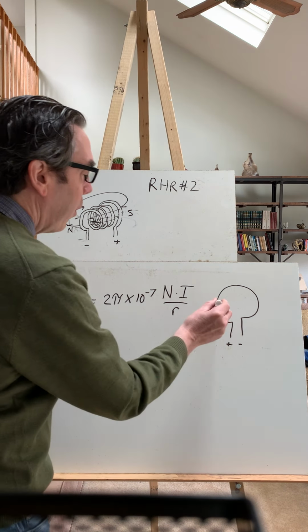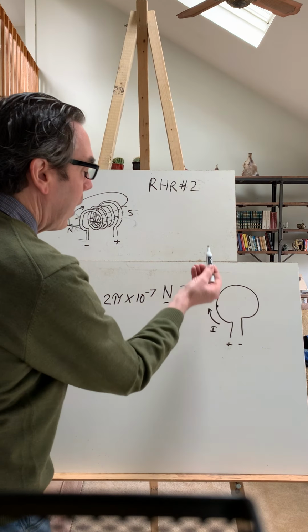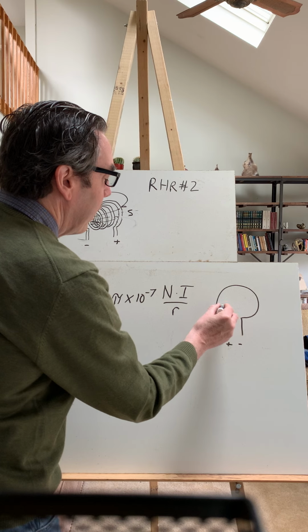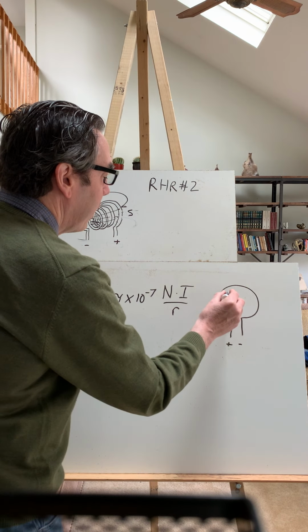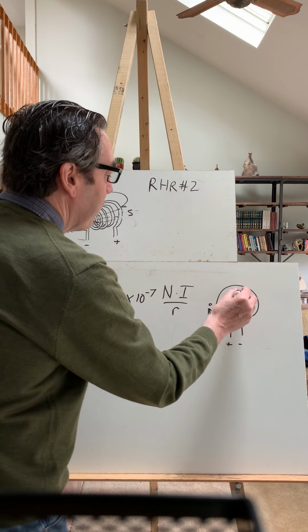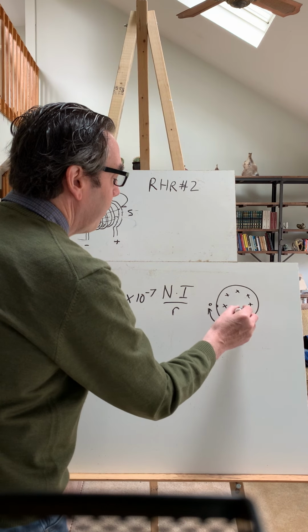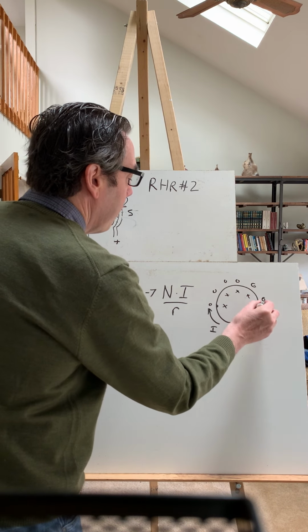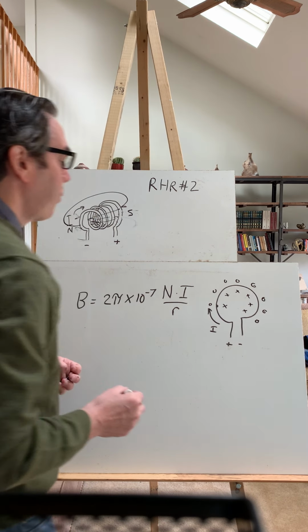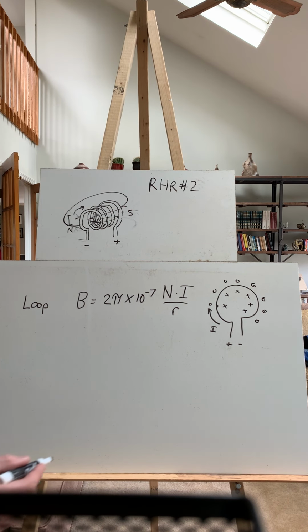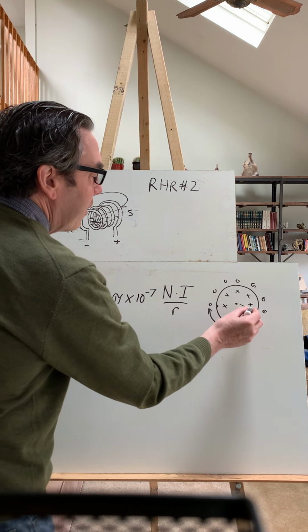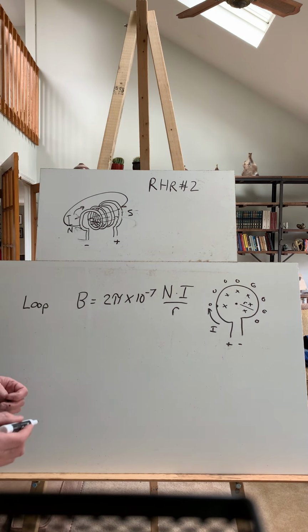We know at any given point, like this point here, the current is going up. So by the right-hand rule, we see it's going in here, out here. And that'll be the same at every point that we take. The magnetic field at the center of that is going to depend on the radius.